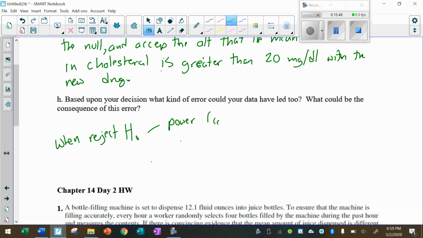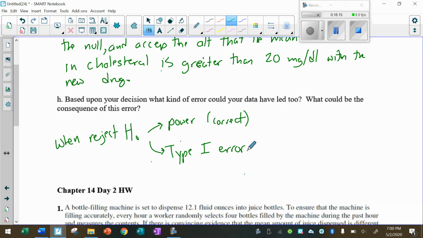Power is when your data led you to the correct decision. So if you correctly reject the null, that's called power. If your data led you to the wrong conclusion, that would be type 1 error. Okay? So all I want you to get out of last week is being able to identify what is power, what is type 1, and what is type 2.